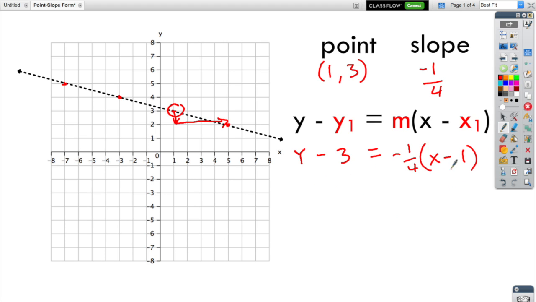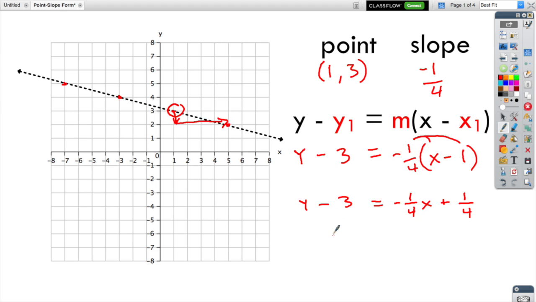All right, now, even though this is a convenient format to put the equation in, typically what we see is that we want to change this into slope-intercept form. So we do have some cleaning up to do. We're starting off in point-slope, but now I'm going to use the distributive property here to make this -1/4 x, and -1/4 times -1, that would be +1/4.